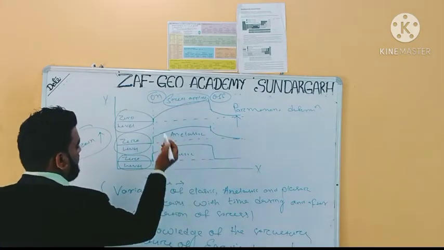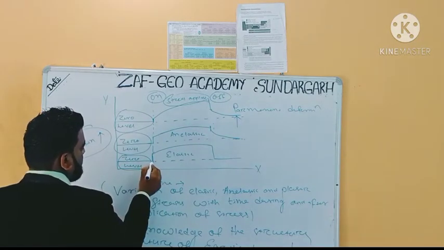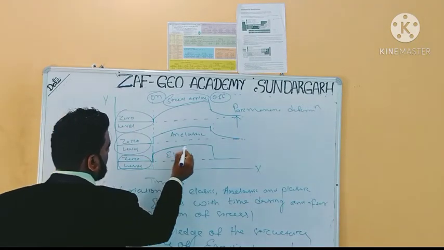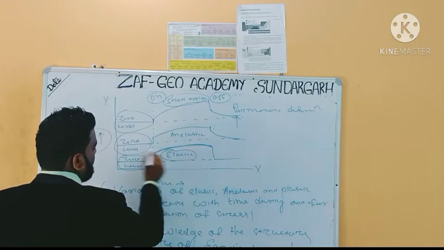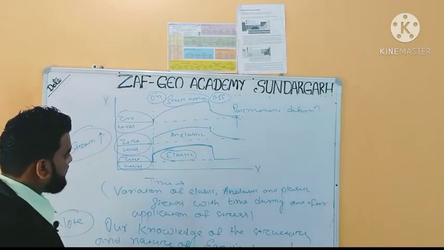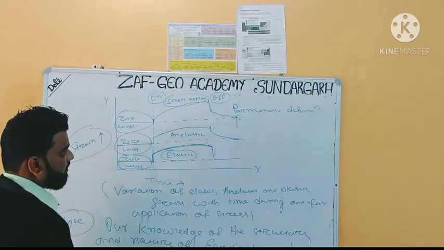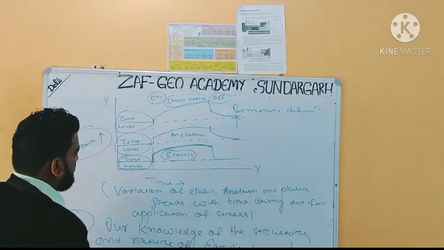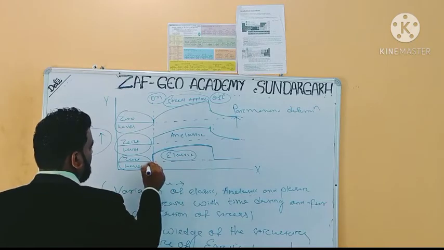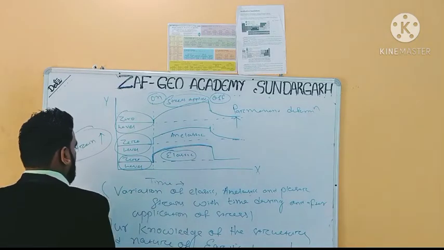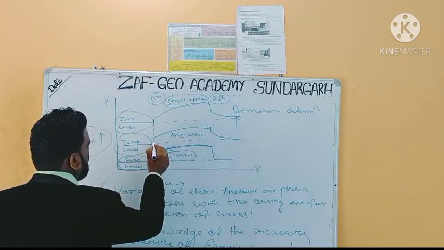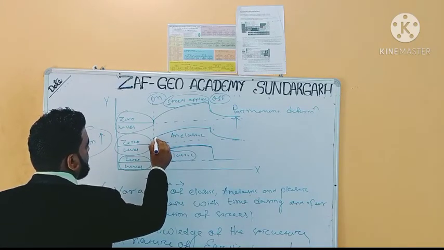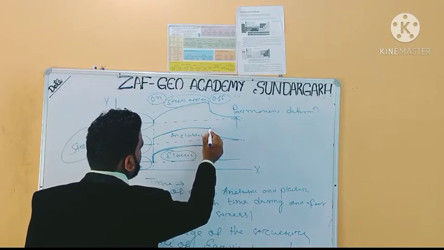Now look here, this is the elastic behavior of material from here to here. Basically I have differentiated between elastic and permanent deformation of material. So this is elastic material from here to here. And from here, when stress is on, this is the inelastic type of behavior.